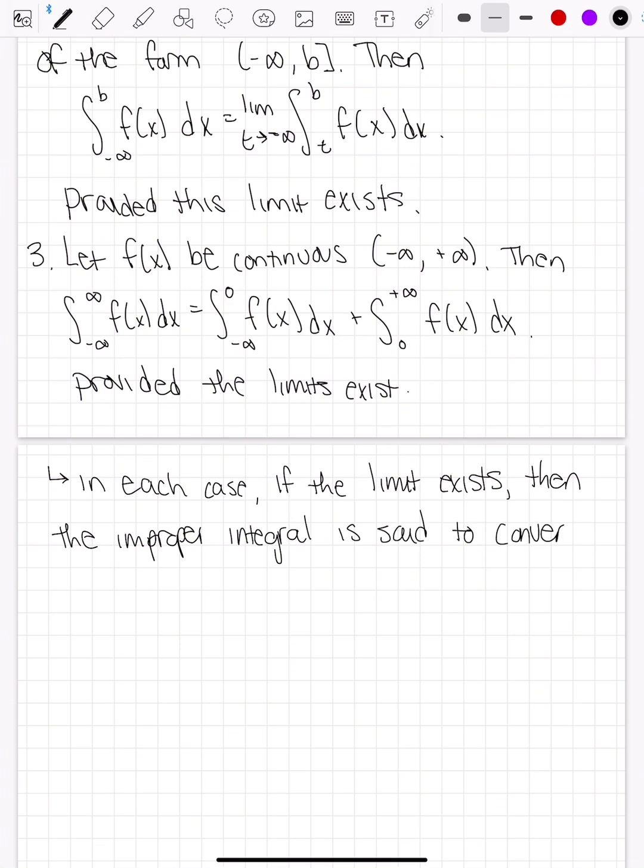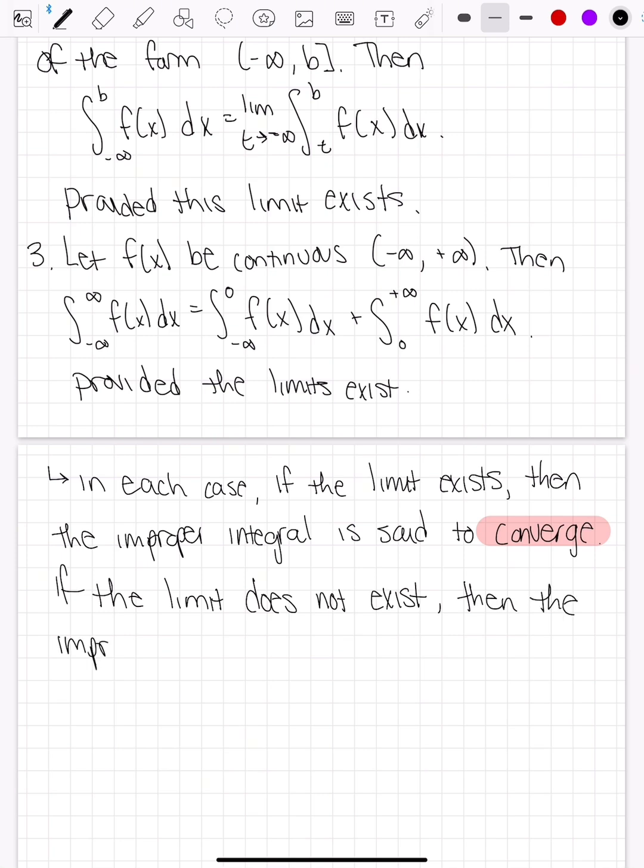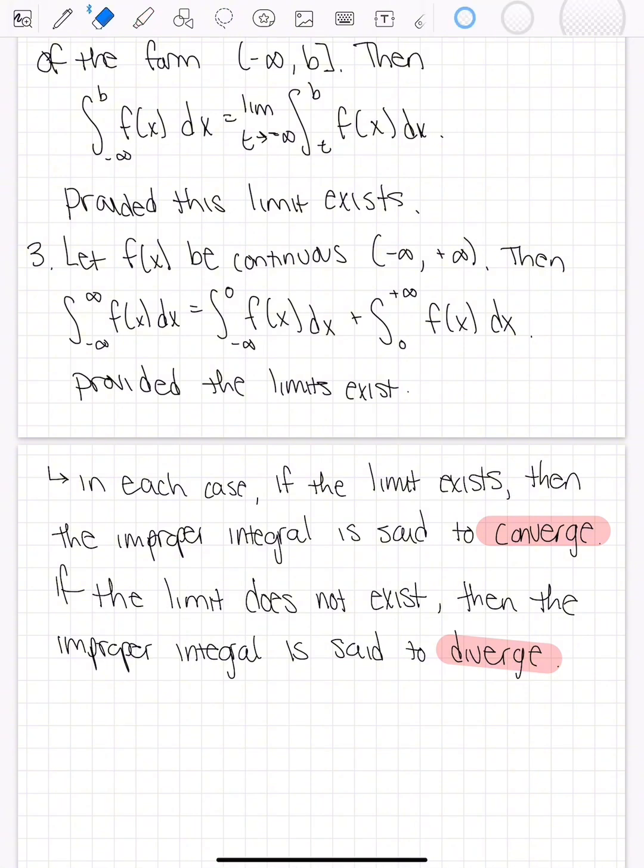And we're going to hear that word a lot in the next chapter that we do on series and sequences. If the limit does not exist, then the improper integral is said to diverge. So when we get convergence, we get an actual value for the integral. If we have divergence, then we don't.